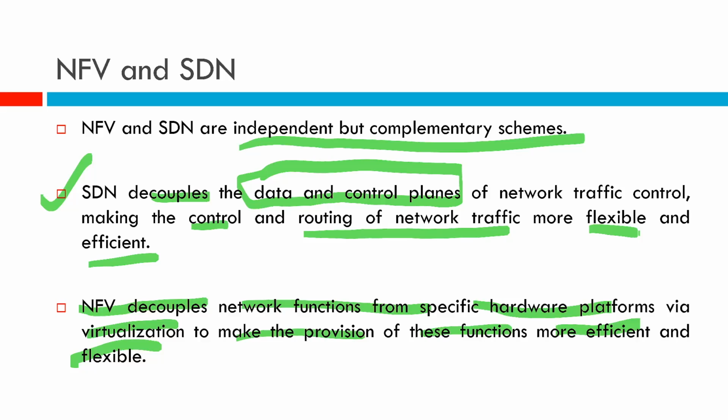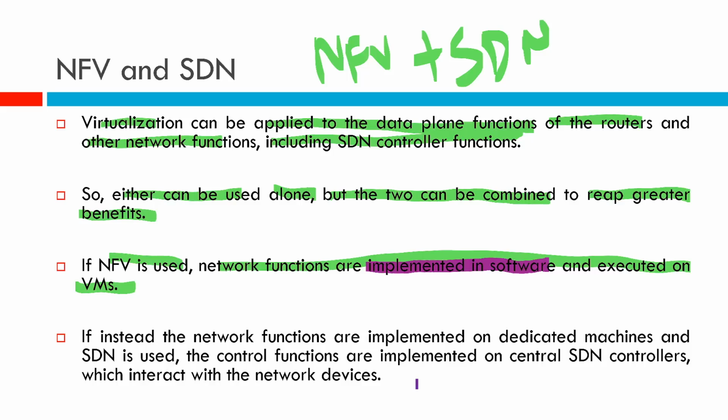Then we discuss in more detail how virtualization can be applied to the data plane functions of the routers and other network functions, including SDN control functions. We studied a lot about this, so no need to explain it again and again.